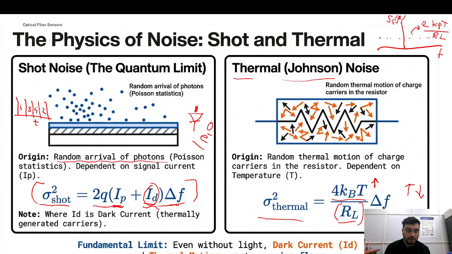So, understood what you need to think about for noise. First thing, you can reduce the temperature, so it will decrease a little bit, because thermal noise is directly proportional to temperature.